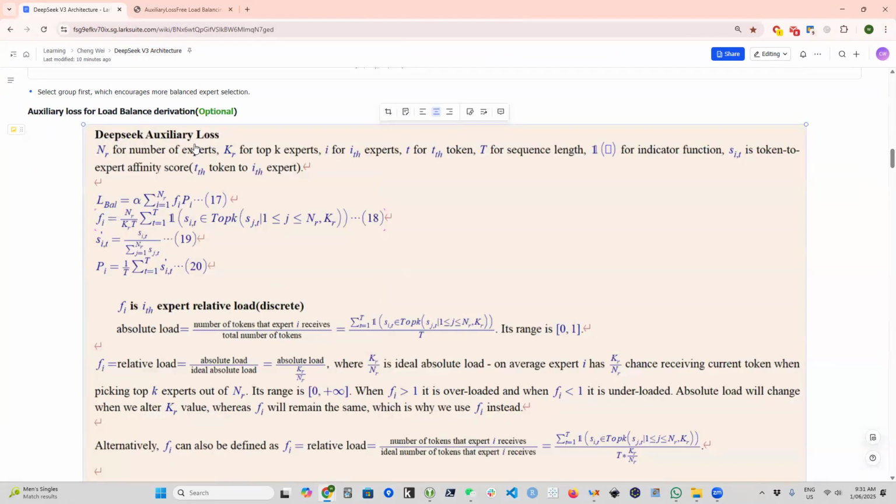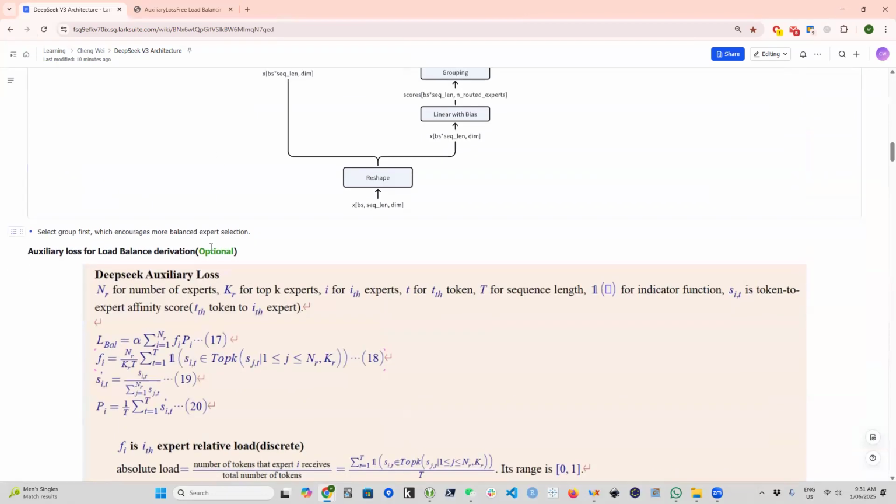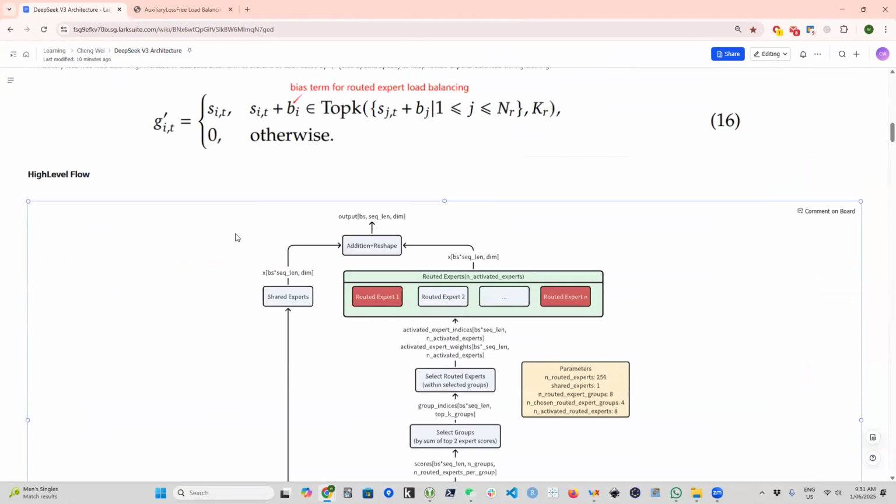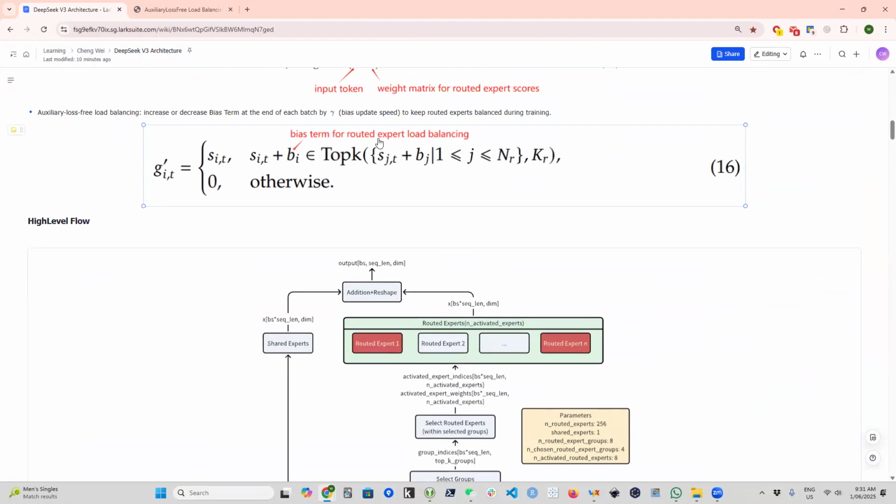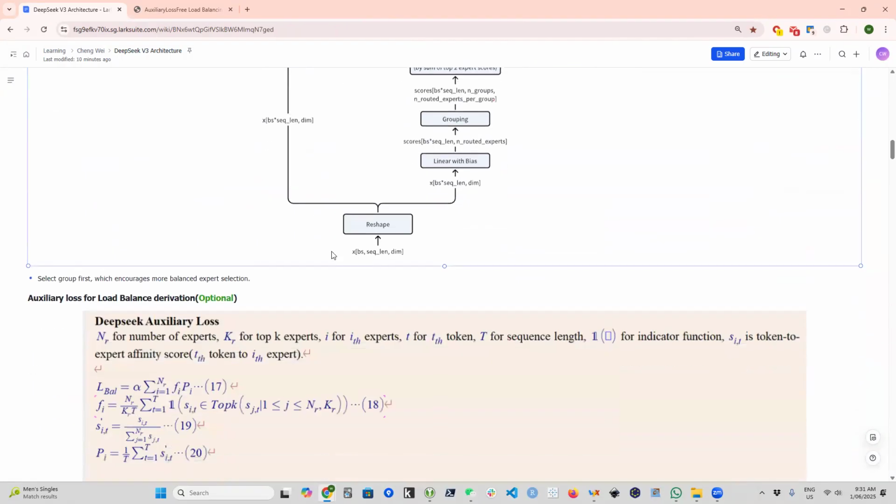This is the auxiliary loss. We said the main method is using the bias to adjust the load balance for the experts, right? But in the paper it mentioned they still use this auxiliary loss, but they give it a very small weight.